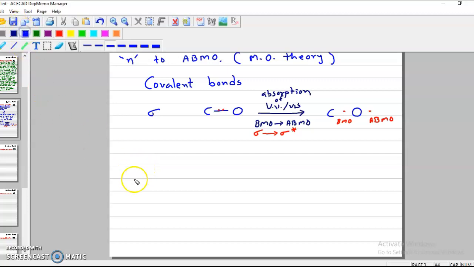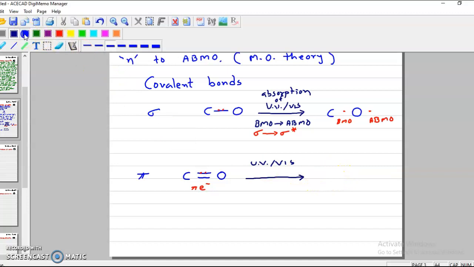Second type of bond is pi bond. Suppose we take this example, carbon and oxygen, which are having double bond. Then one of these bond is pi bond, and these electrons are called pi electrons in pi bonding. And when this molecule absorb UV visible light, then BMO electron from pi orbital may transfer to anti-bonding orbital.